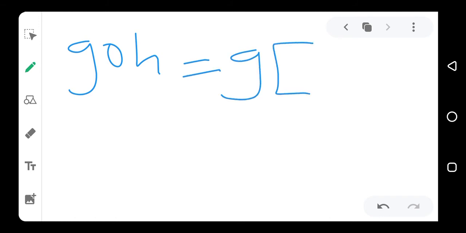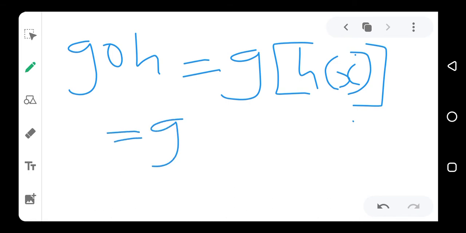Now we have g of h. In g of h, we write this, looking for the expression of h of x. Now we put h of x, which is x, so it becomes g in brackets x.